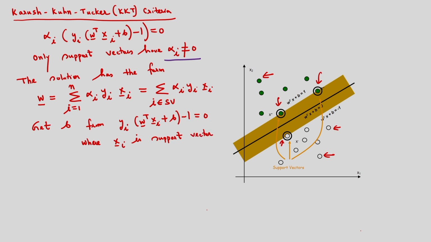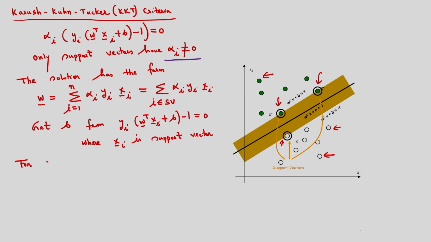This is the KKT complementary condition: the product of the Lagrange's multiplier alpha i and the inequality constraints. This is very important.